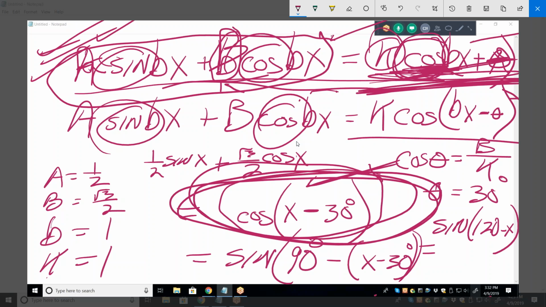That formula at the top that they gave you? Yes, sir. I wouldn't doubt that that came from sum to product and then a lot of algebraic manipulation. As long as they give you this, then you're fine, because in the formula they gave you, you're able to figure out what capital A, capital B, little b, and capital K and theta are.